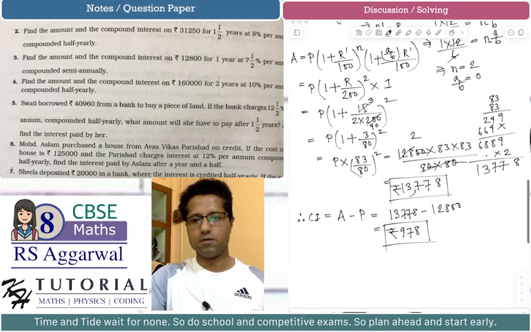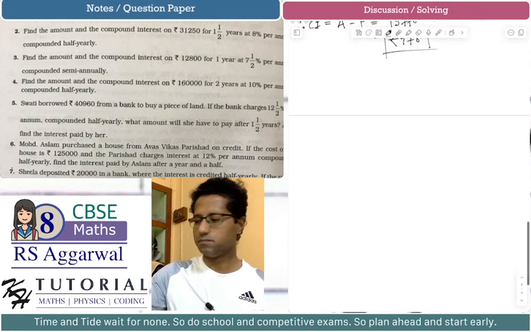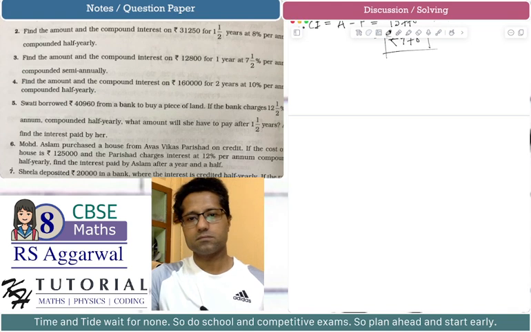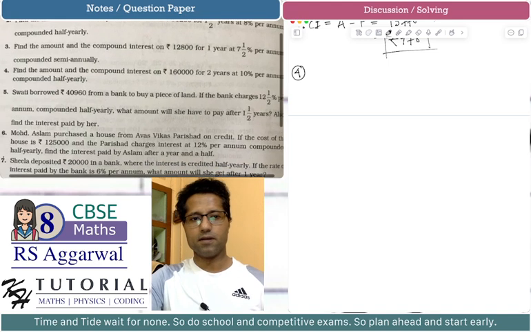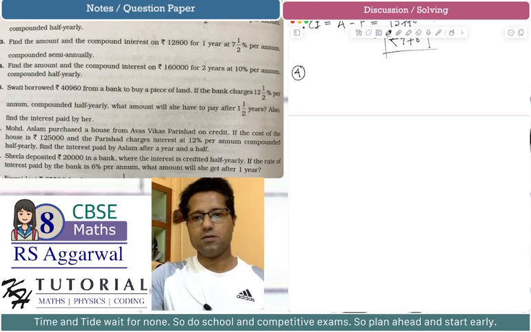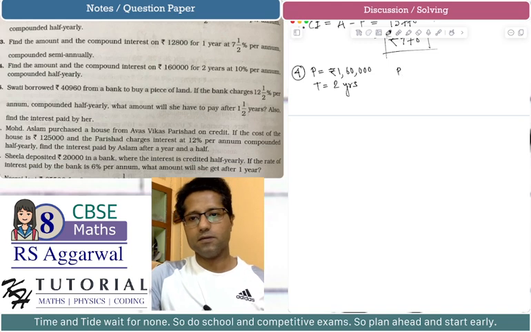Let's do problem number 4. Find the amount and the compound interest on rupees 1,60,000 for 2 years at 10% per annum compounded half yearly. So P is given to be 1,60,000, T is given to be 2 years, and R is 10% per annum.